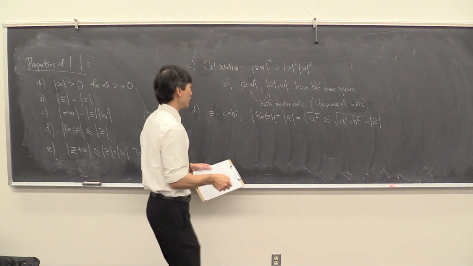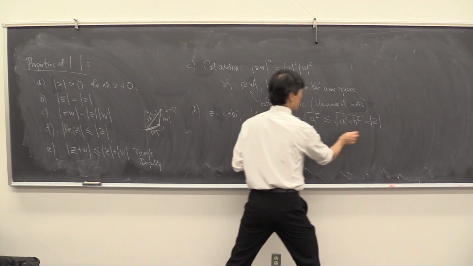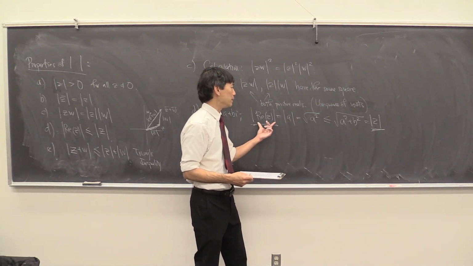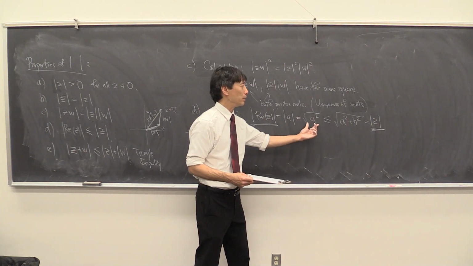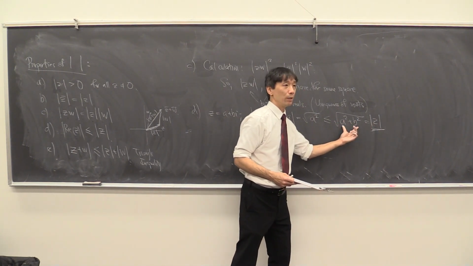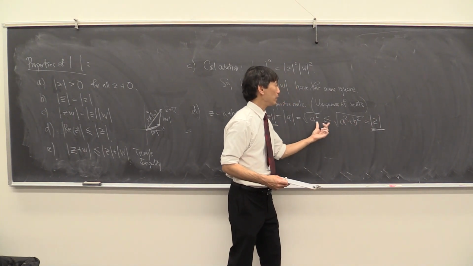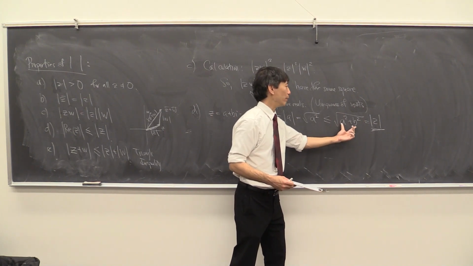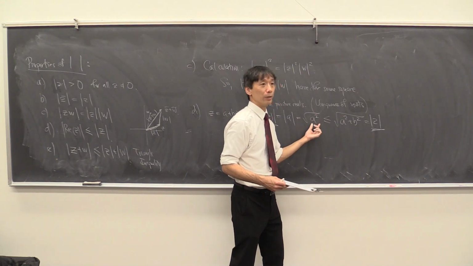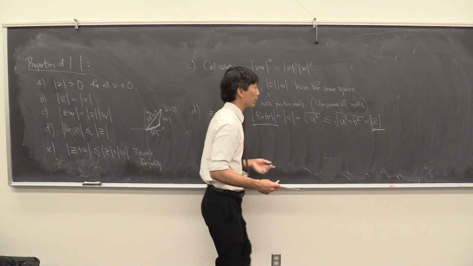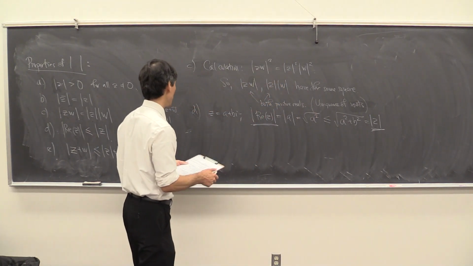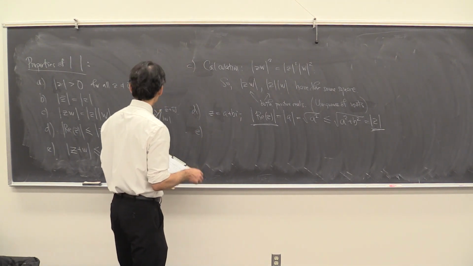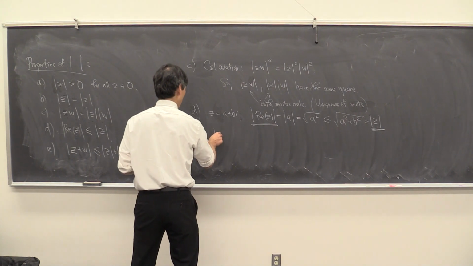So we're trying to show that this thing is smaller than this thing, and the square root of this thing is going to be bigger than or equal to the square root of this thing. Okay, so just an example. I think the most interesting one is this last one.